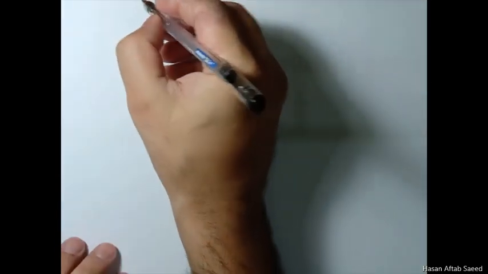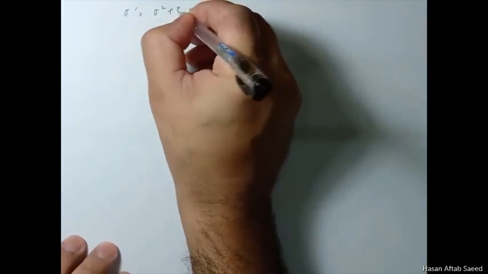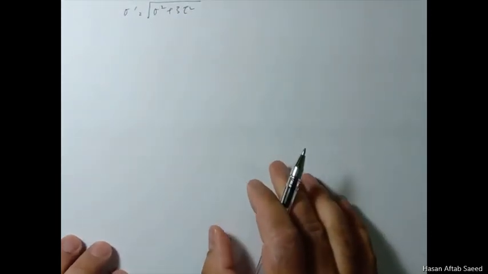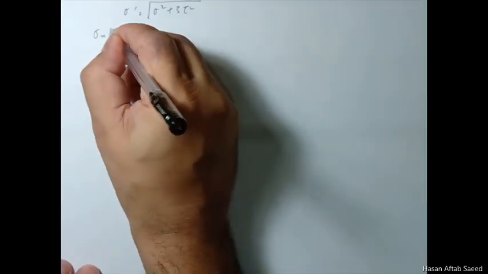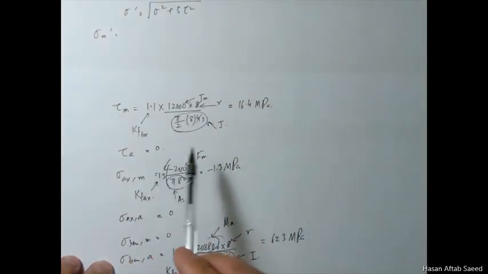First of all, let's write down the general form. This is the general form, and let's have these values handy with us. So sigma m prime will be this.